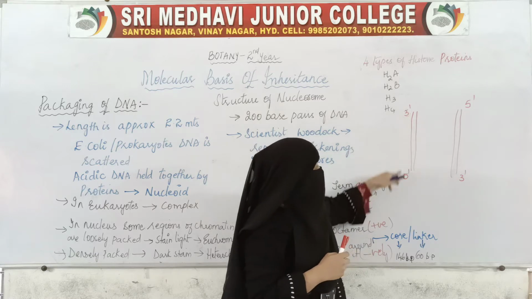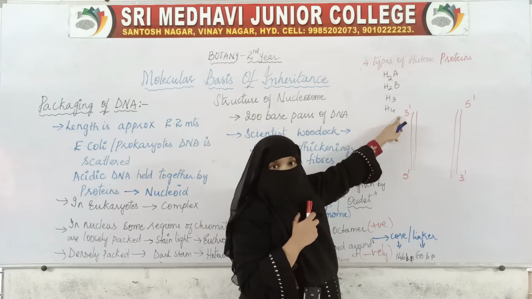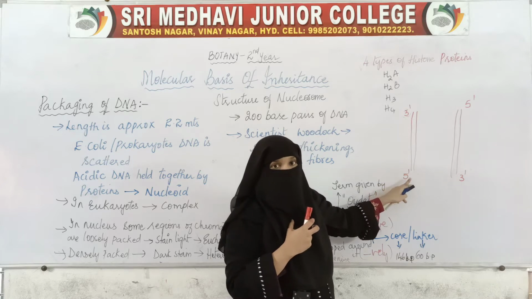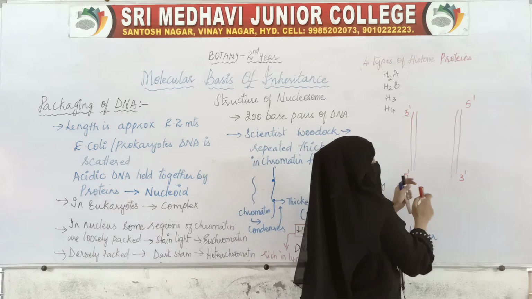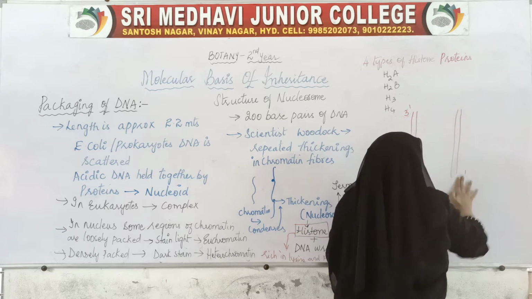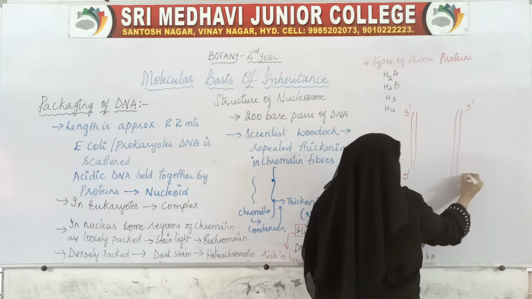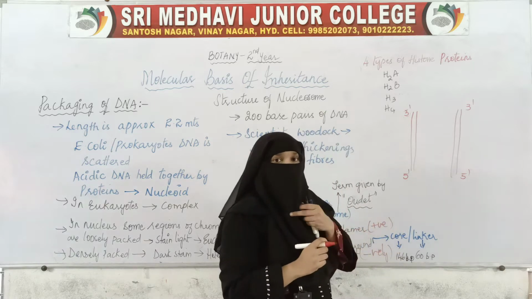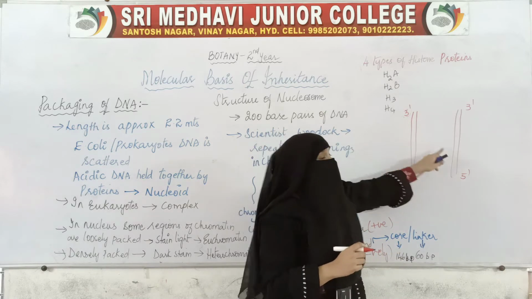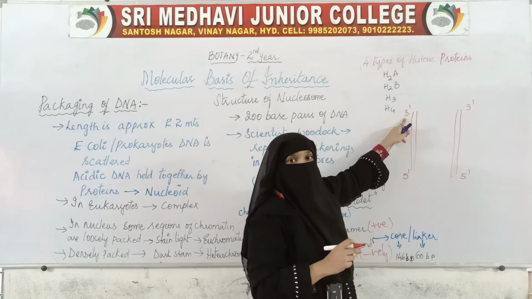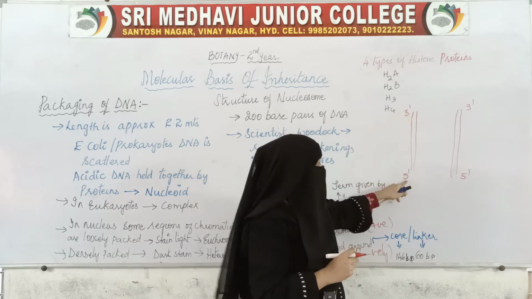If the third carbon is free at the start, then at the end the fifth carbon will be free. If it were parallel, it would be like this, with 3 dash 5 dash in the same direction, but I said the strands are anti-parallel. So in the first strand, the third carbon is free at the start and the fifth carbon is free at the end.